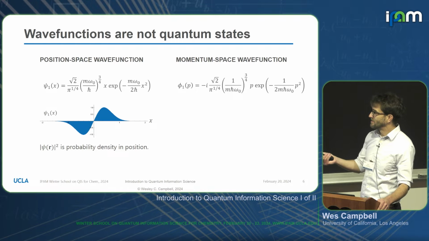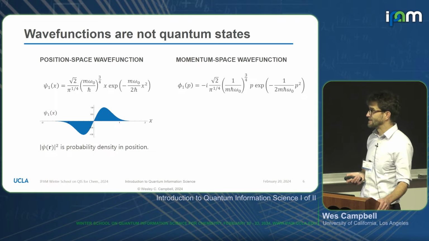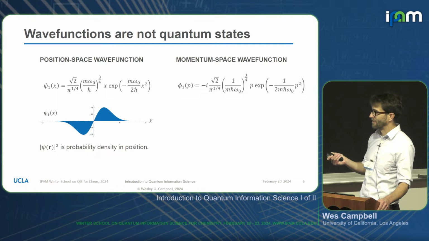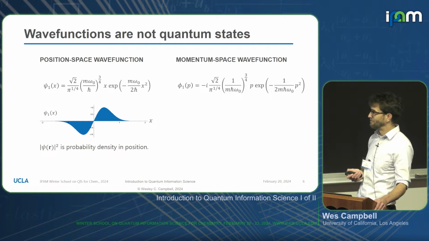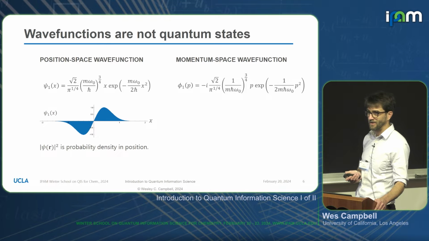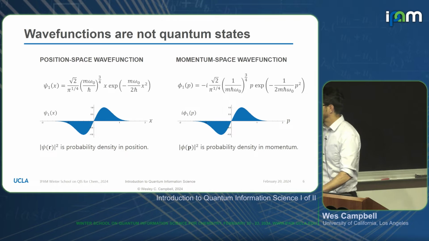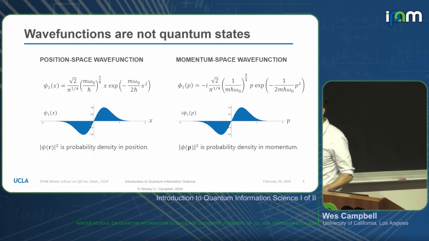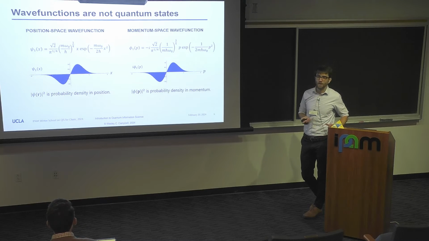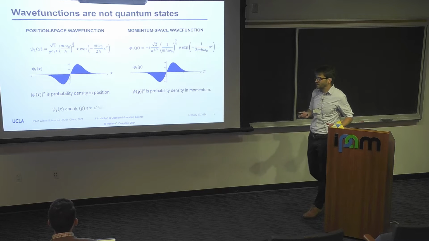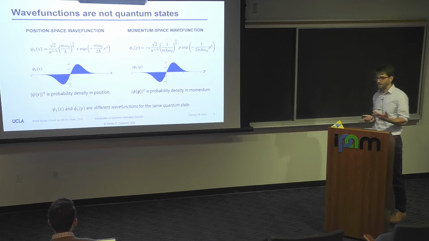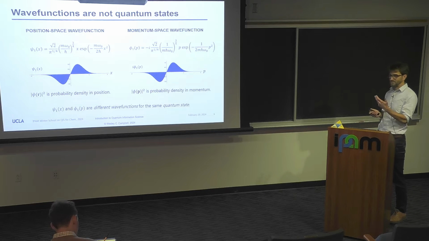This wave function describes the exact same state as this wave function, but they are obviously different functions. They look a little bit similar because it's the harmonic oscillator, but you can see that these are actually different. And so this momentum space wave function, even though, again, it looks very similar when we plot it, gives us a different representation of the quantum state than we had over here. So we have two different wave functions, but they correspond to the same quantum state.